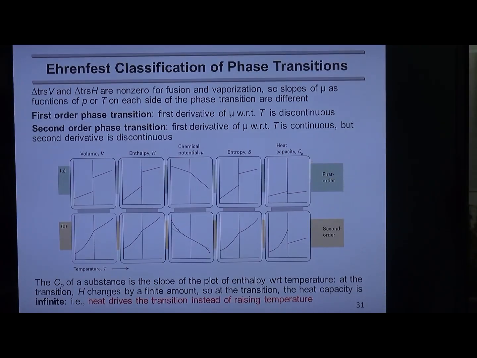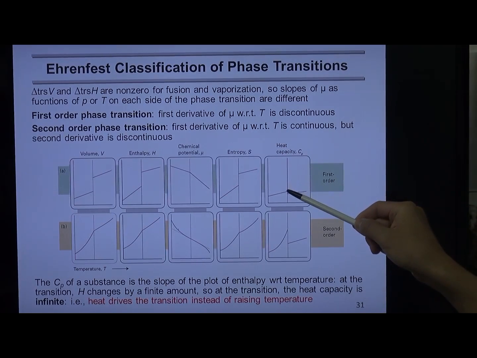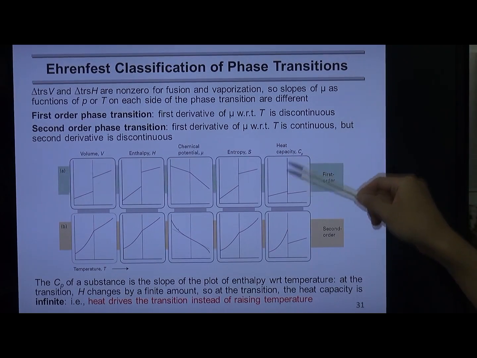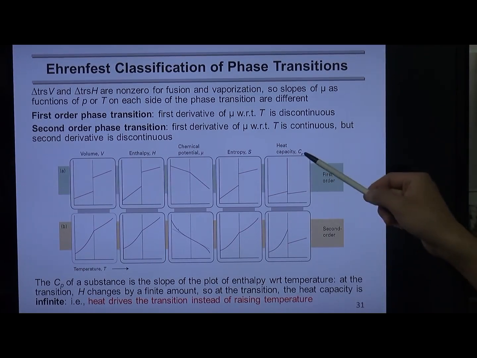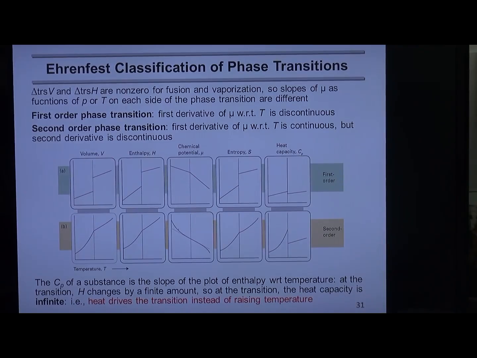For heat capacity, when a first order phase transition occurs, heat capacity has an infinite value at the phase transition temperature. You might recall when we dealt with heat capacity in chapter 2, when a phase transition, especially a physical transformation such as melting or vaporization, occurred, heat capacity had an infinite value, right?